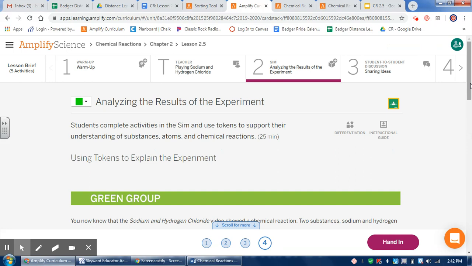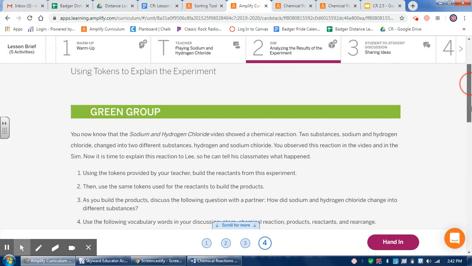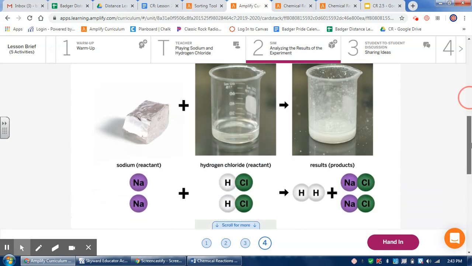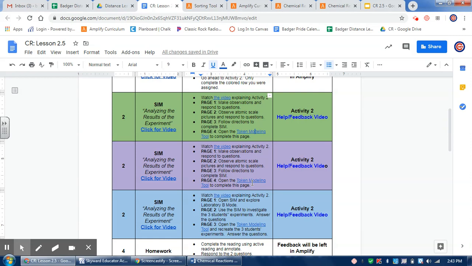All right, finally on the last page, what we're going to do is use those tokens to rebuild and take a look at how all of this rearranging happened in more detail. So when we put the tokens together, we've got to have 2 sodiums, and we have to have 2 repeating groups of a hydrogen and chlorine. We're going to go back into the agenda, and we're going to open up the token modeling tool.